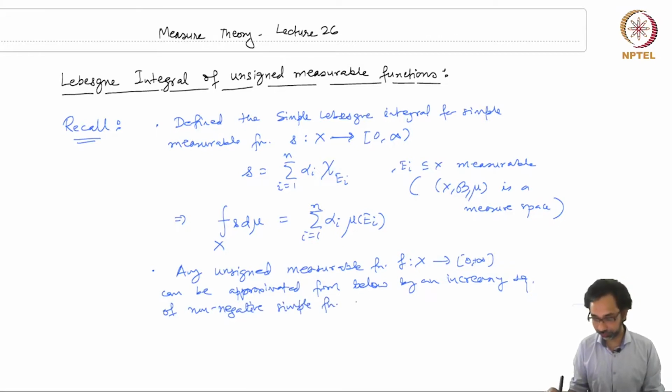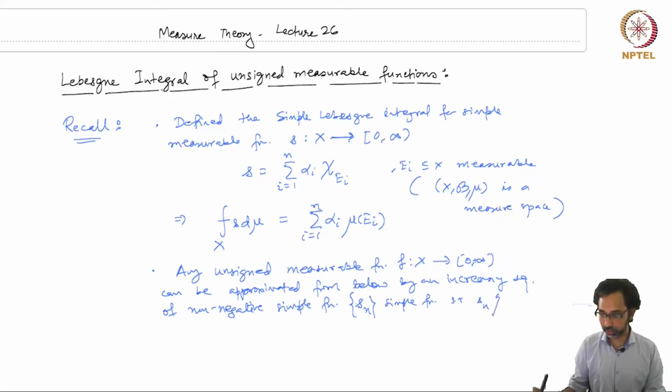So we have s_n, a sequence of simple functions such that s_n increases to f pointwise, which means that it is a non-decreasing sequence of simple functions, and the pointwise limit of this sequence is precisely f.